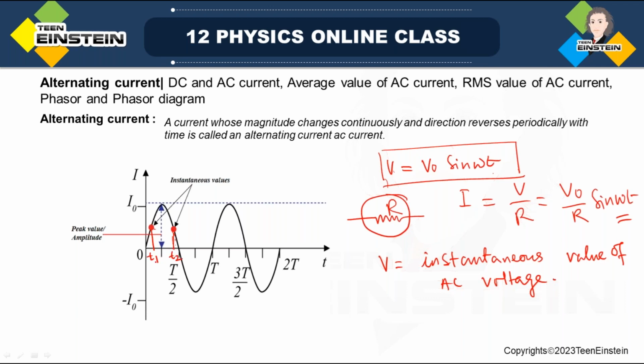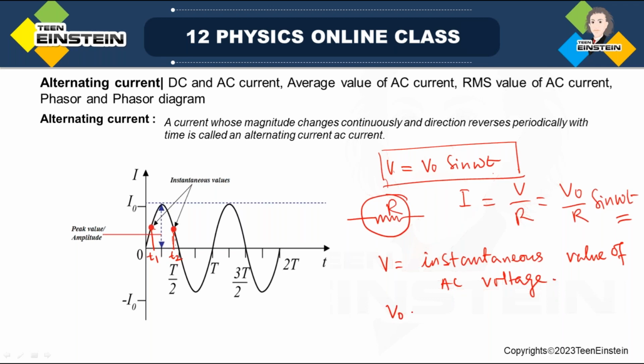So instantaneous value means the value of the current which is always changing with time. At any instant, what is the value of the current? If you put that particular instant, you will get the value. That is the instantaneous current or voltage, and that value is always changing with time.